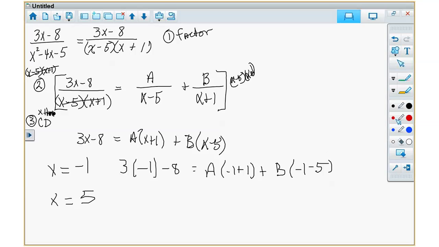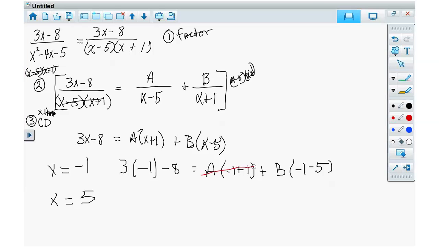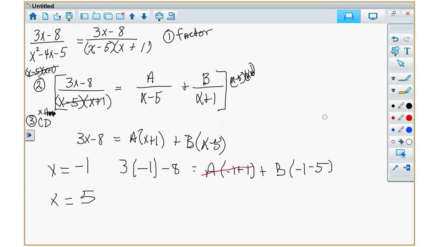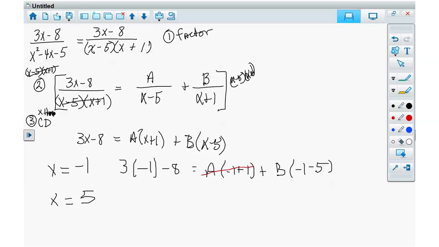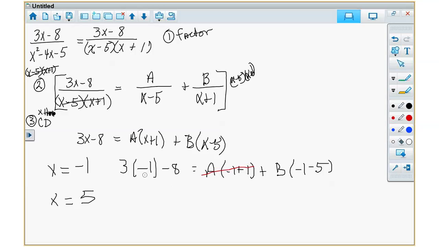What happens to the a term? That's what happens to your a. And now you're left with solving for b. Isn't that neat? 3 times -1 minus 8 is going to be -11, equals b times -6. Divide by -6. B is equal to 11/6. So we take that up here and say B is equal to 11/6.